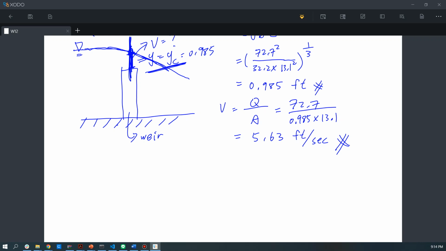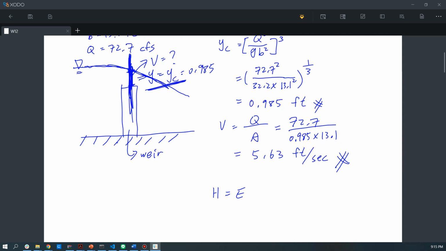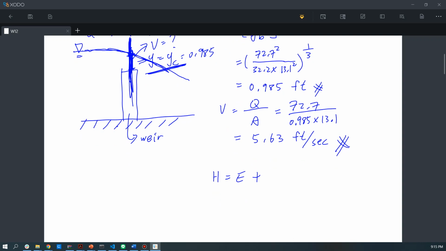In here, H will equal the specific energy at this cross section, plus the height of the weir, which is this height of the weir.